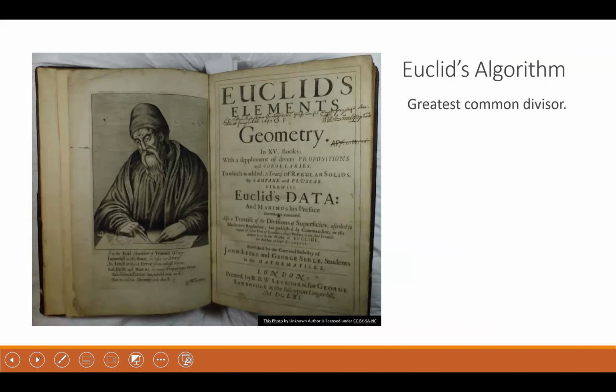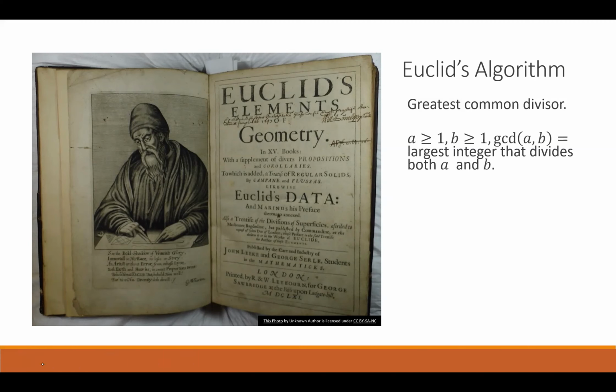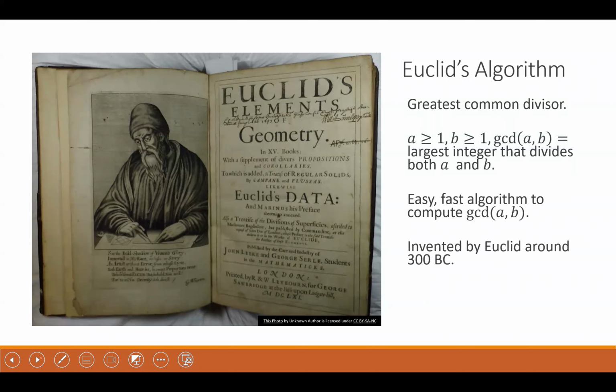So Euclid's algorithm for greatest common divisor is deceptively simple, but very, very clever. It is recursive. We have integers a and b, and we want to find the greatest common divisor. And this is an easy, fast algorithm. Oh, sorry, not 300 years ago, 300 BC. So that is 2,300 years ago.